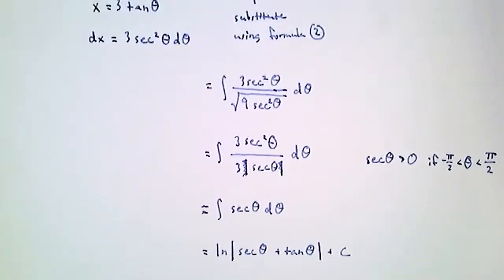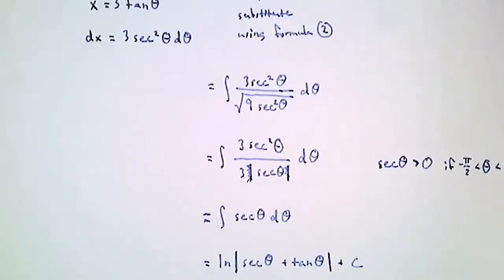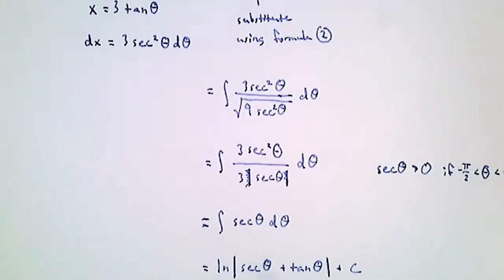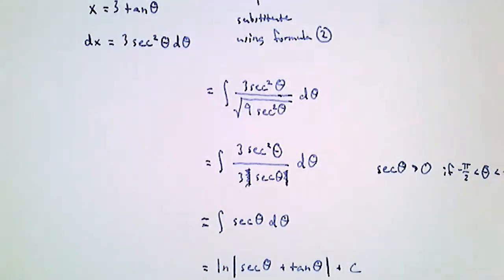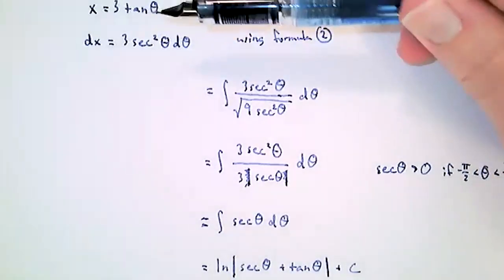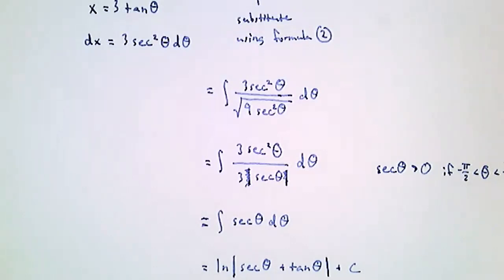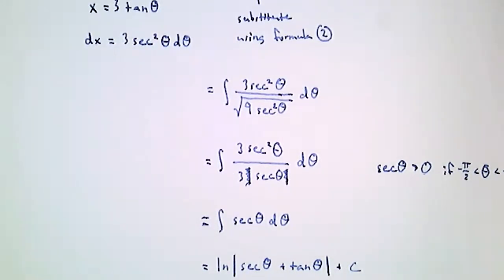So we need to do a little bit of work to substitute something back in for theta in order to figure out what it is in terms of x. Okay, and this is the point where it gets possibly a little bit tricky.